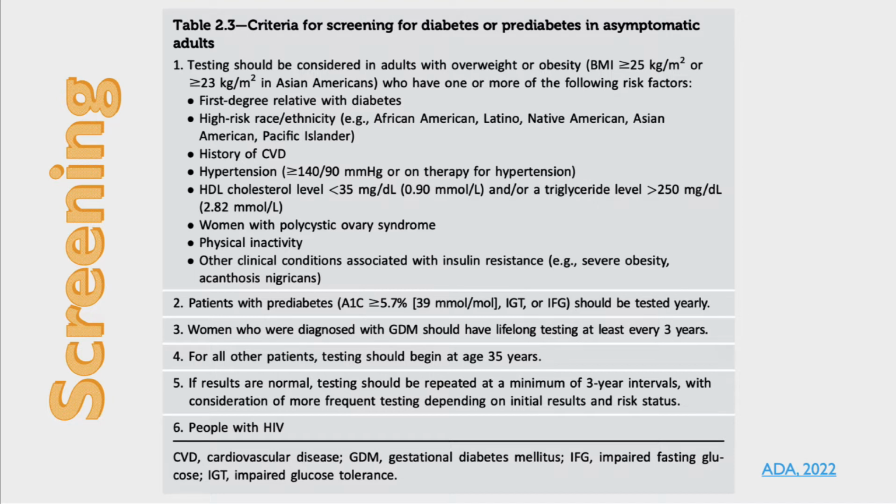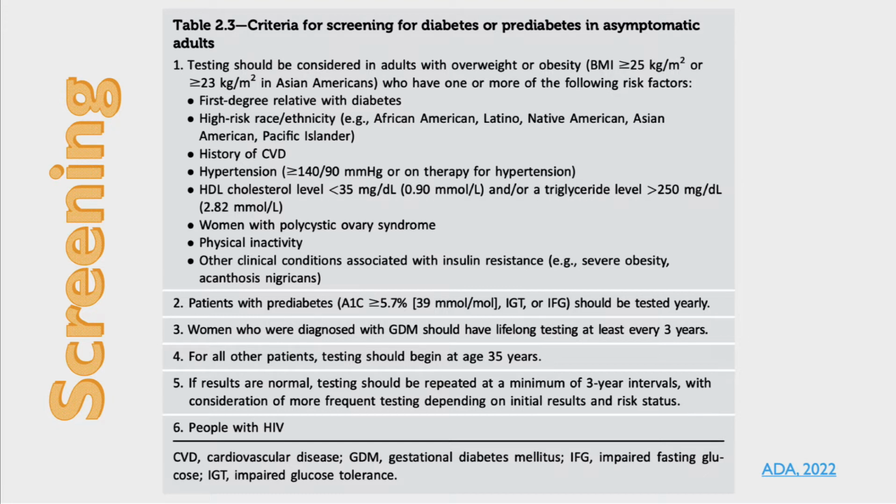Those are primary relatives. High risk race or ethnicity, so African Americans, Latinos, Native Americans, Asian Americans, and Pacific Islanders. People who have a history of cardiovascular disease, people with hypertension, people with low HDL or elevated triglycerides.